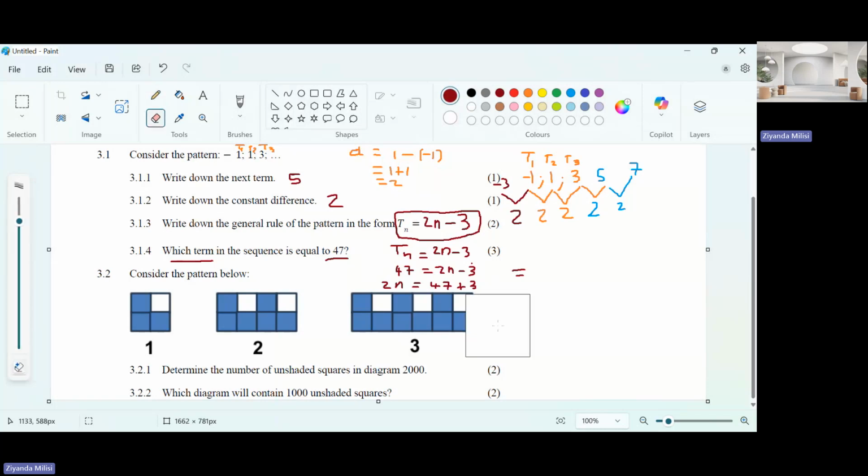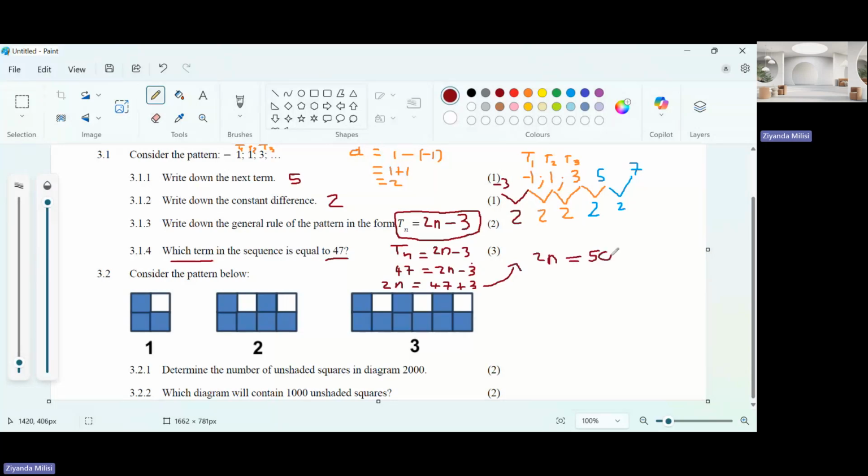So we've got 2n equal to 47 plus 3, which is 50.